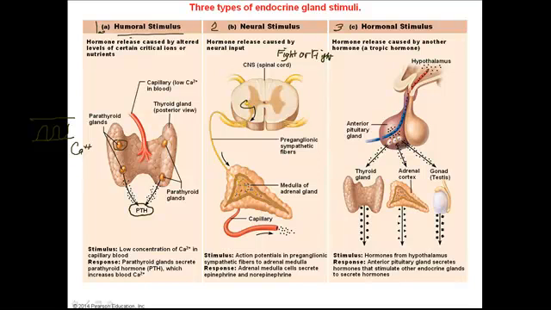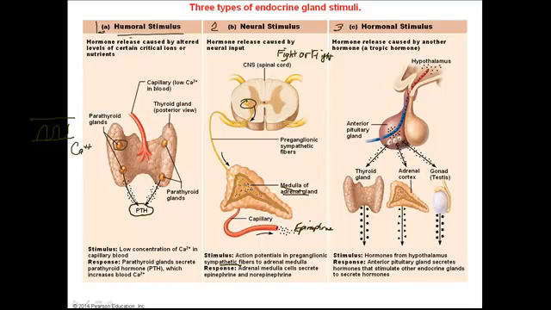So this originates in the spinal cord and it goes out to the medulla of the adrenal gland, and this will secrete, as we know, epinephrine. So the action potentials in the preganglionic sympathetic fibers, because this is a sympathetic response, yes? The response is the adrenal medulla secretes epinephrine and norepinephrine. So that's neural stimulus of an endocrine gland.